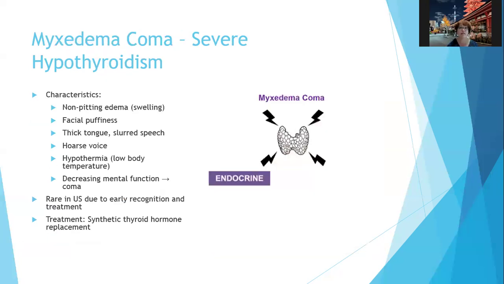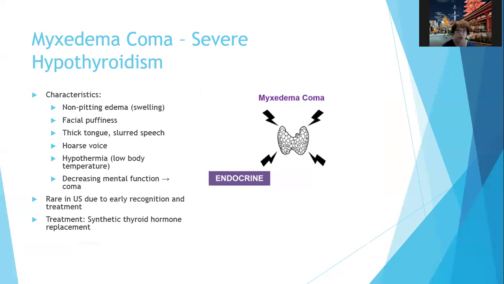So there is a severe hypothyroidism that's called a myxedema coma. It's kind of the opposite of a thyroid storm. So most of the endocrine things have an opposite, you might notice. The characteristics of myxedema coma are non-pitting edema, so non-pitting swelling, facial puffiness, thick tongue, slurred speech, hoarse voice, hypothermia, you're cold, decreasing mental function.